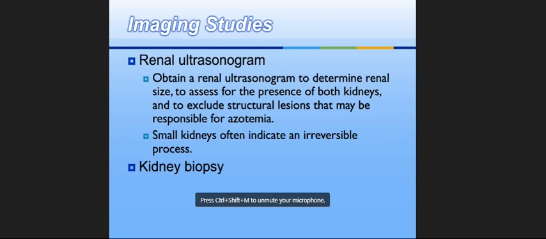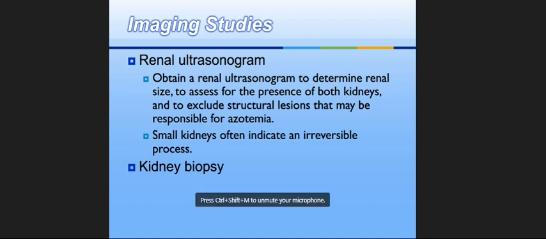Sometimes we go to ultrasonogram images, renal imaging. We obtain a renal ultrasound to determine renal size, I told you yesterday, to assess the presence of both kidneys. Sometimes your patient is found to be with a single kidney, and he or she doesn't know about that. It is a congenital cause.